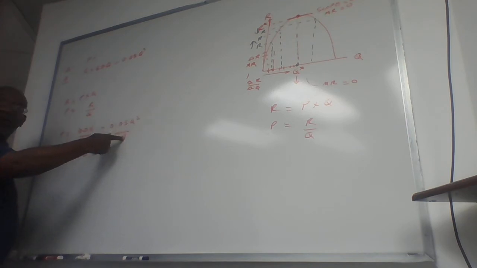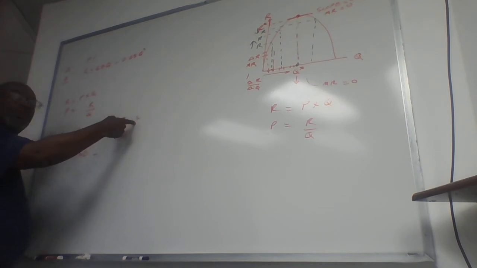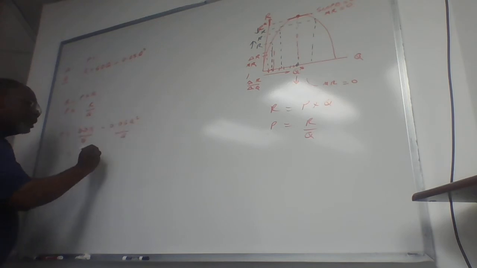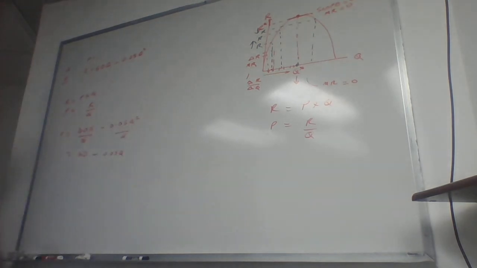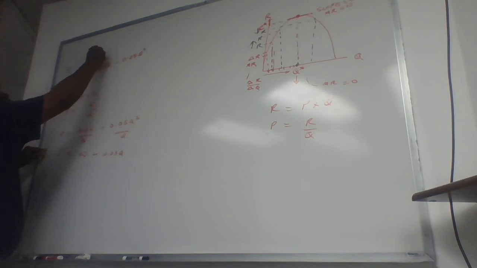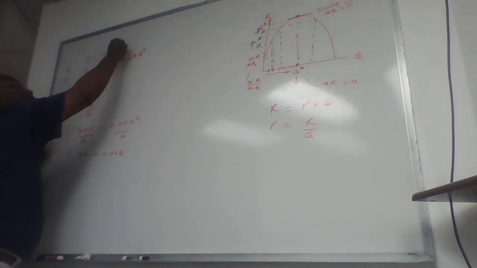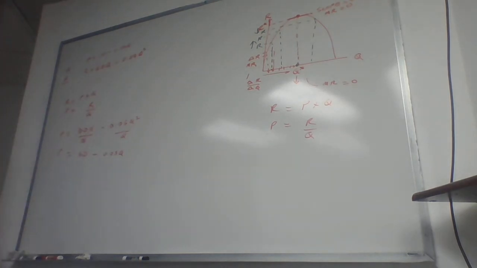This Q cancels out one of these Q's, because this is Q times Q. So I end up with 0.05Q, and that is my P, or my answer for A. That's how I got that. Normally I would give you A first, and then you work your way down. It just so happens in this case we didn't have an A, so we went and found what the A was supposed to be.